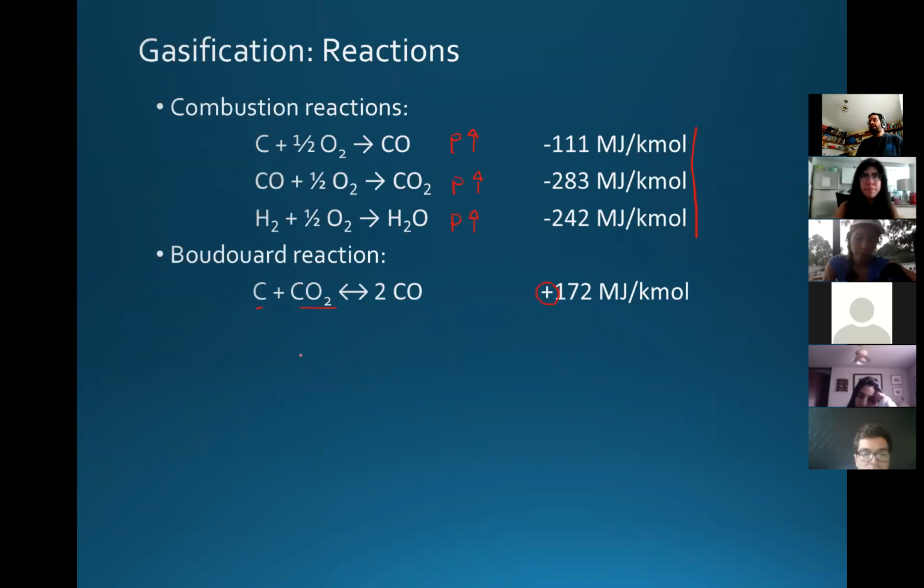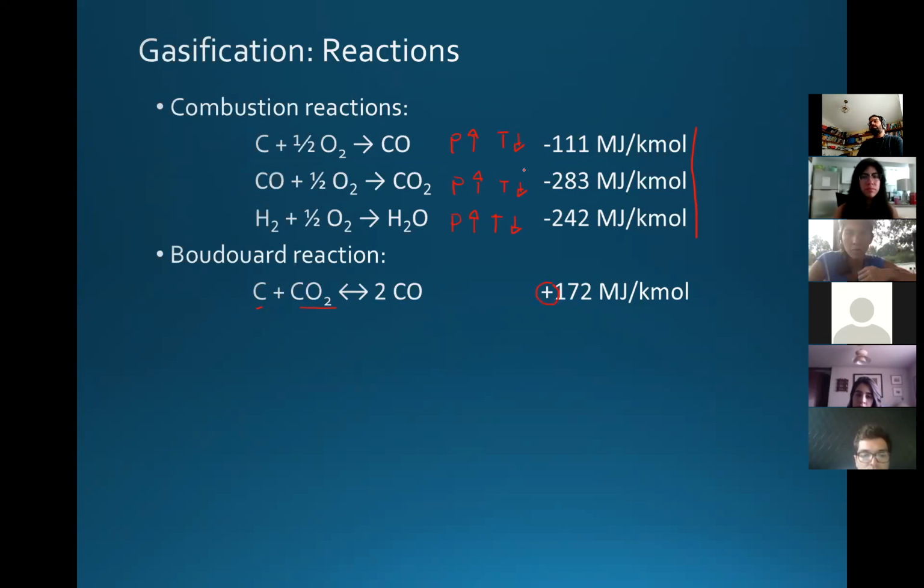So if we raise the pressure, we're going to have higher yields of the products. And if we lower the temperature, because although those reactions are exothermic, we are going to shift the reaction to the products, right?